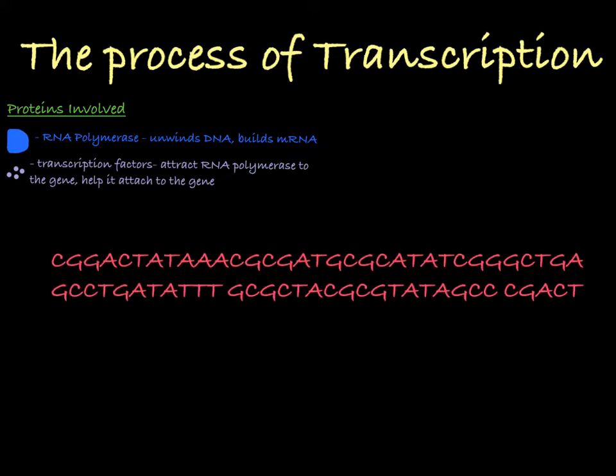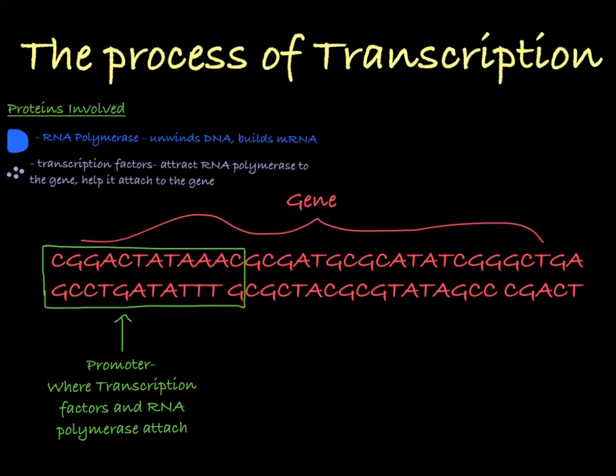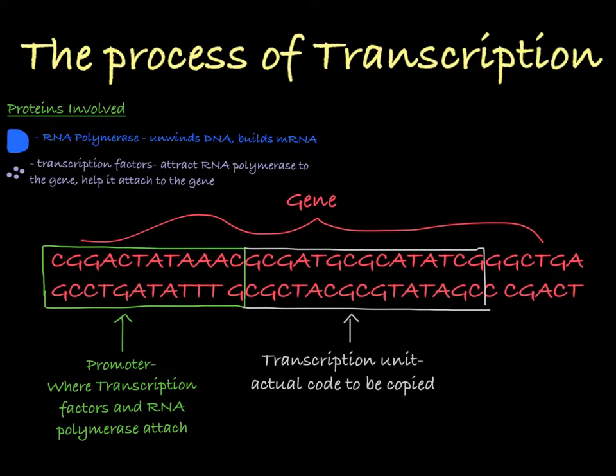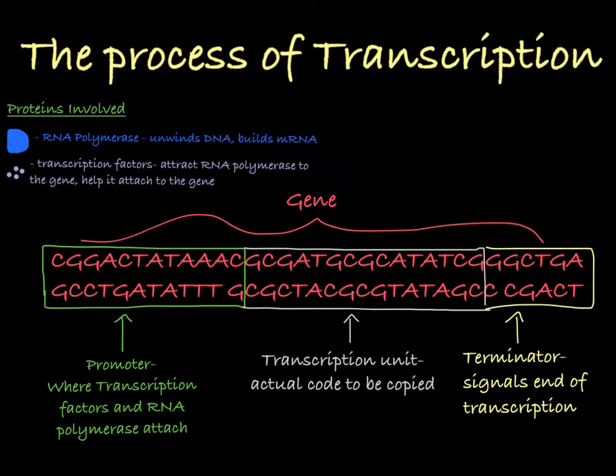So if we look at a gene, we see that we have a promoter region, which is where all of the proteins necessary for transcription bind to the DNA to prepare for the process. Then we have the transcription unit, which contains the actual sequence that codes for the protein. And then we have the termination sequence, which signals the end of transcription.